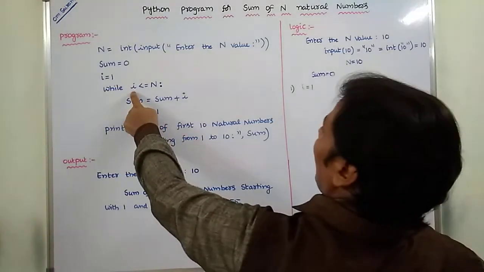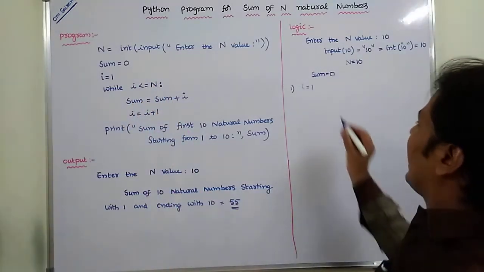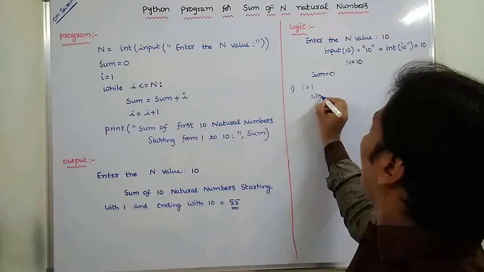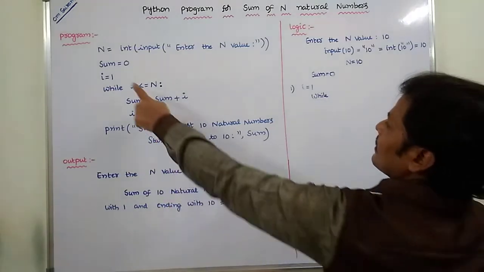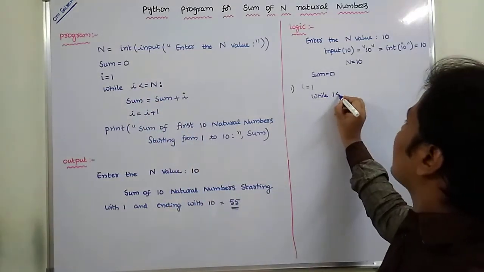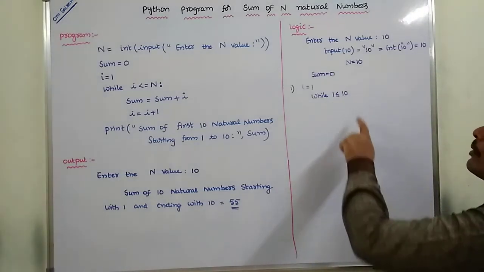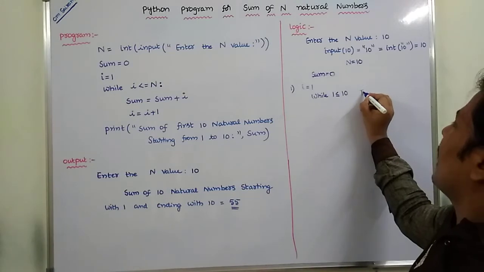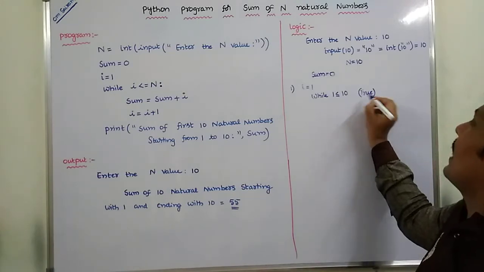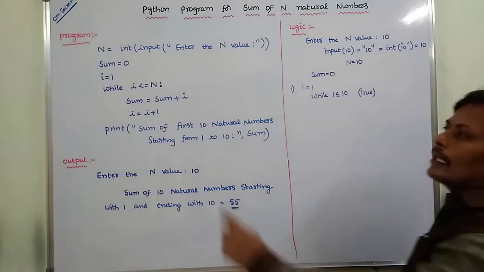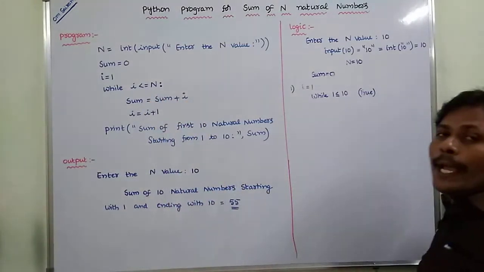Next, while I less than or equal to n. Here I value is 1, and 1 is less than or equal to 10, so the condition is true. If the condition is true, then the control goes to the body of the while loop.